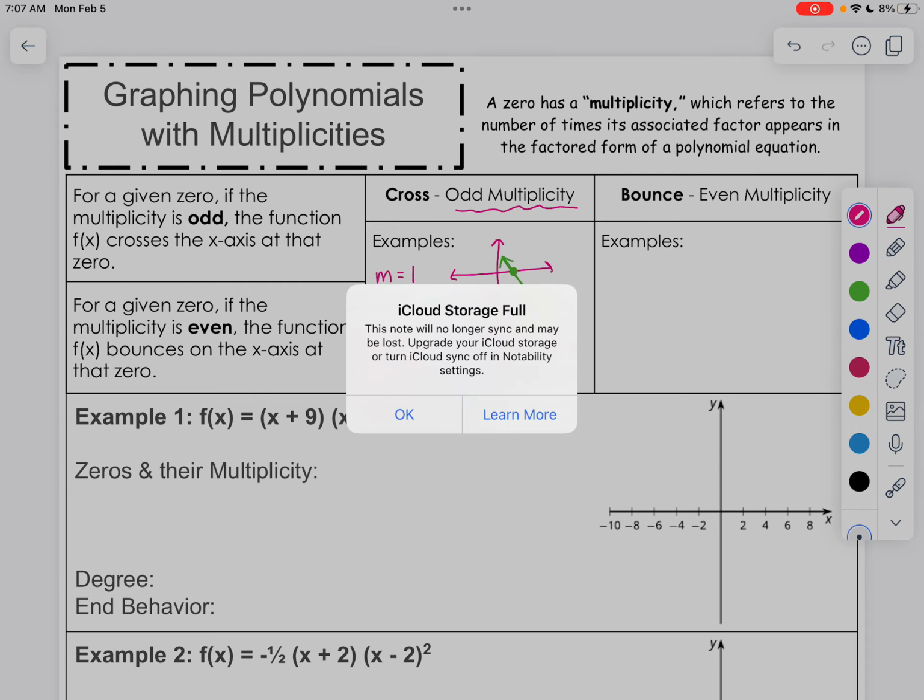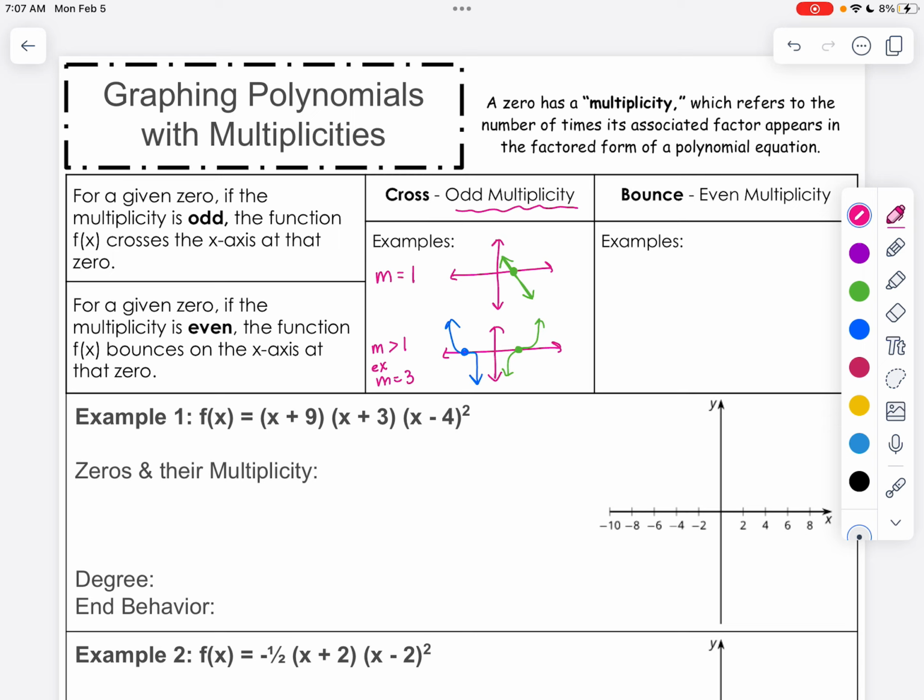Now an even multiplicity, a bounce, would be like a multiplicity of 2 or a multiplicity of 4, all the even numbers. This is where it bounces off the x-axis and does not actually cross. So if this was my x-intercept here, it would come up, touch it, and then bounce back down.